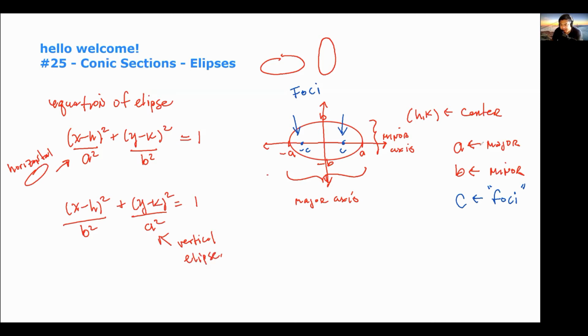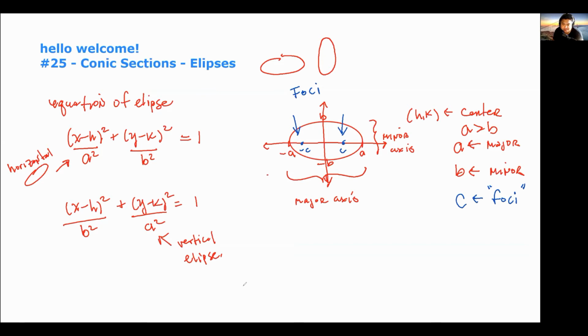Keep note, A is always the major. In other words, A is always going to be bigger than B, because that would represent where the bigger part of the ellipse is, going either left and right or up and down.